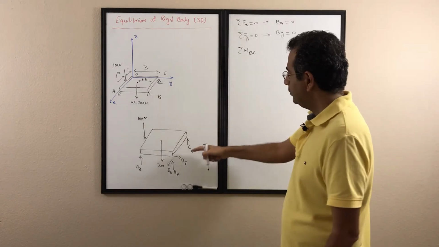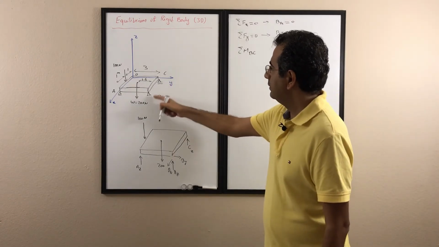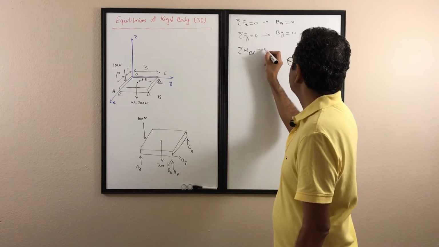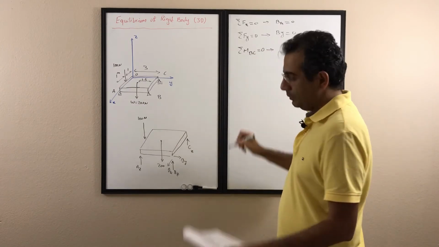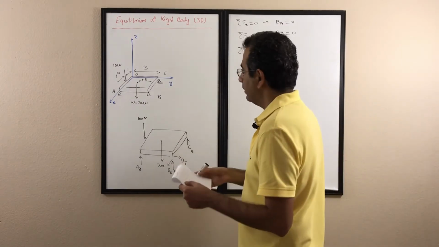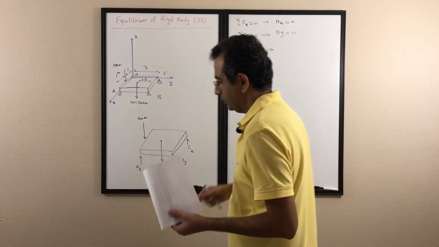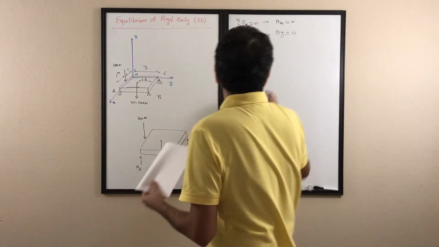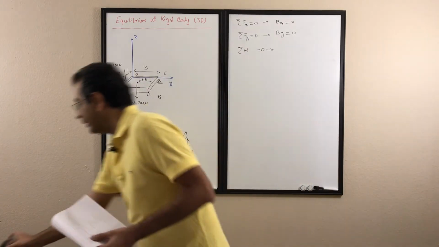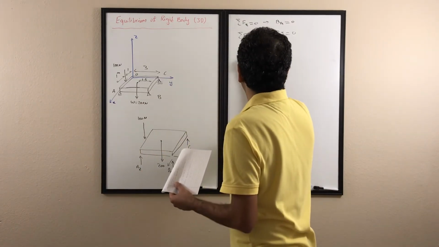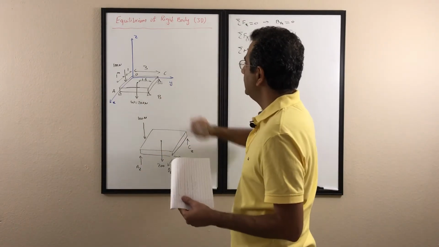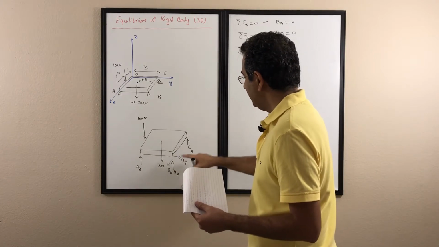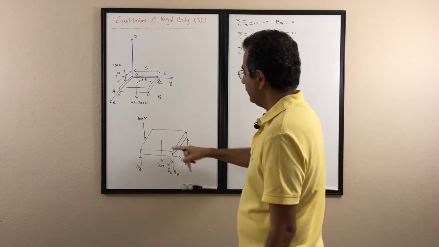So I write the moment about BC, and I say it should be 0. Let's make it CB, so it's going to be in the direction of the y-axis. If I want to write it about the CB, I will start with 100 Newton.